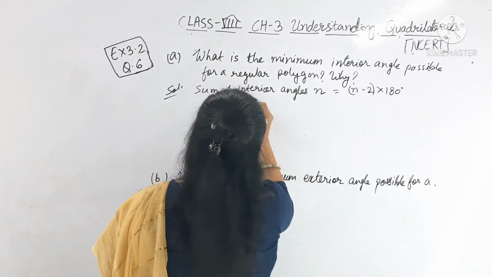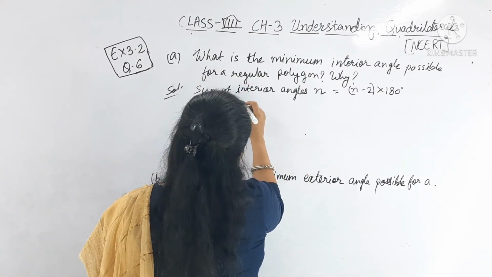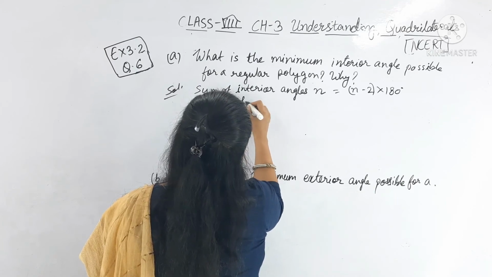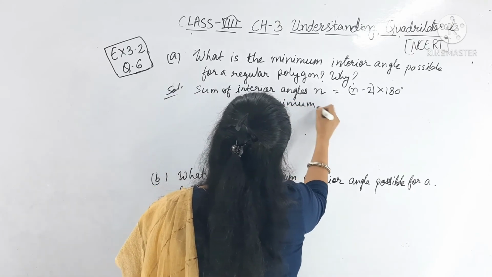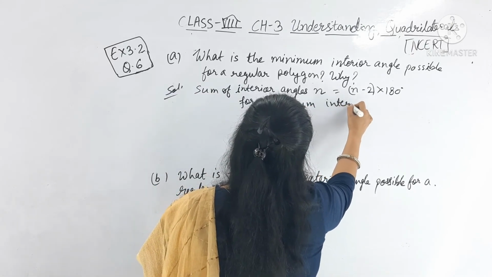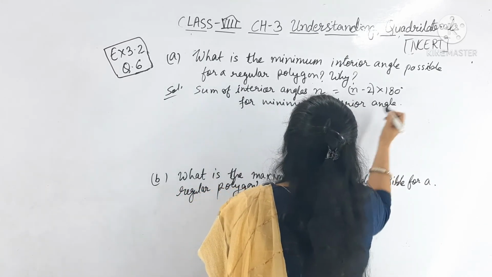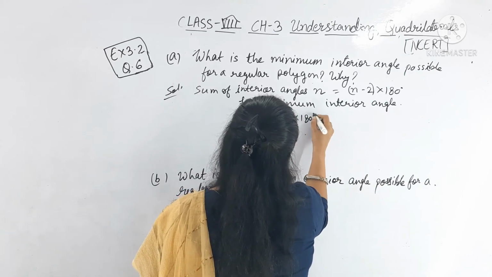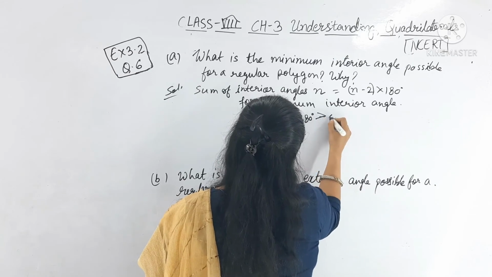So for minimum interior angle, n minus 2 into 180 degrees is greater than 0.